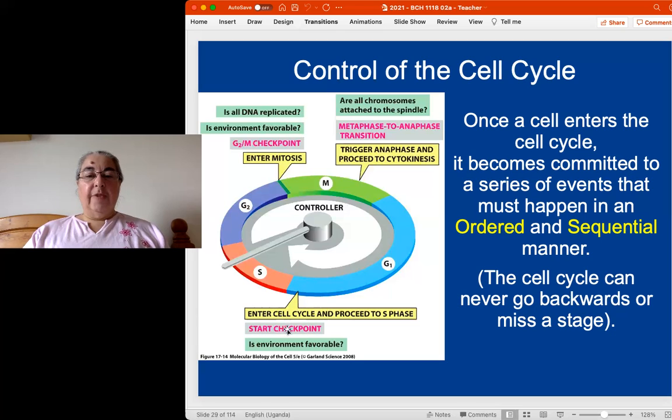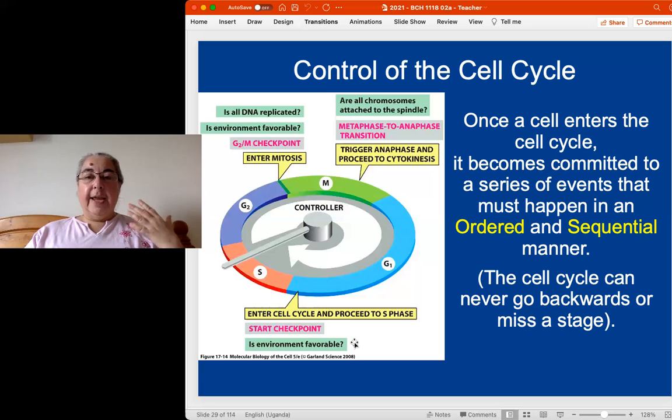And at this point, there is what's called the start checkpoint. So this is where the cell really makes the decision of, is it going to take part in cell division, or is it going to wait longer, or is it going to enter G0 and not divide at all? So the start checkpoint, the big question that's being asked is, is the environment favorable?